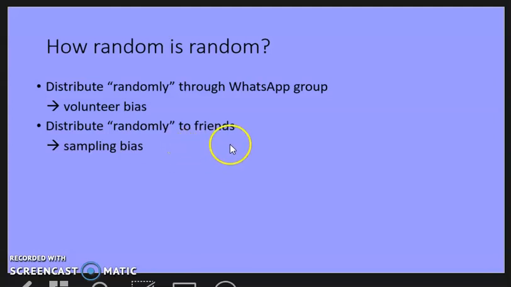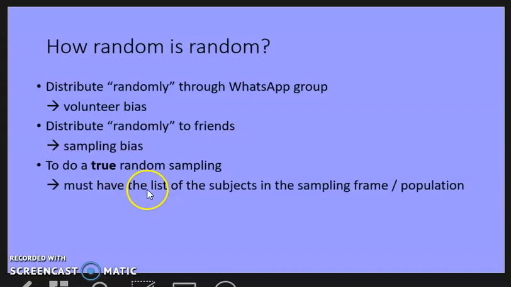In order to do true random sampling, the first thing is that you must have the list of the subjects in the sampling frame. What is a sampling frame? Sampling frame is your population with the consideration of inclusion and exclusion criteria. So it might be difficult, but at least you need the list of subjects in the population.